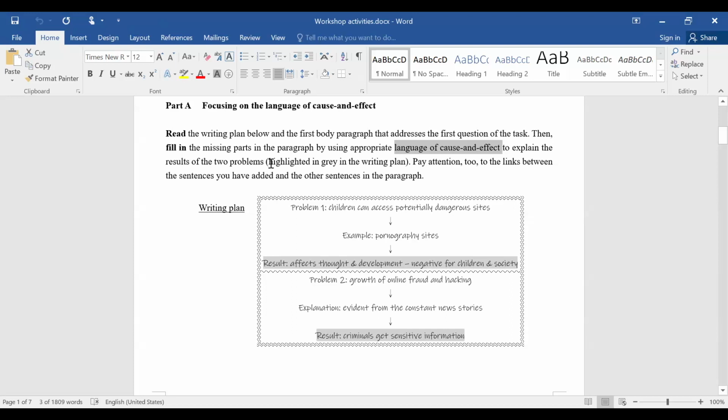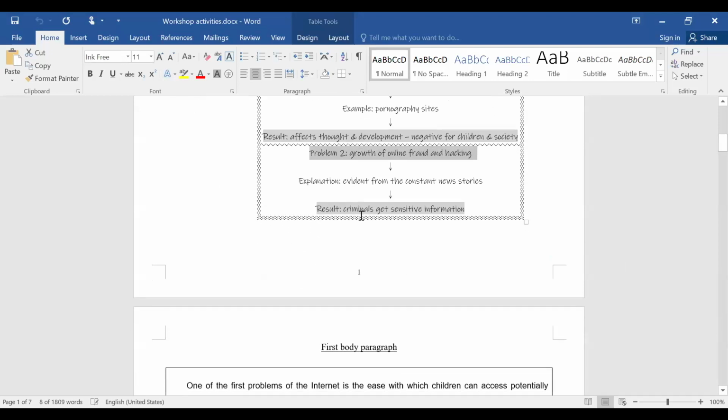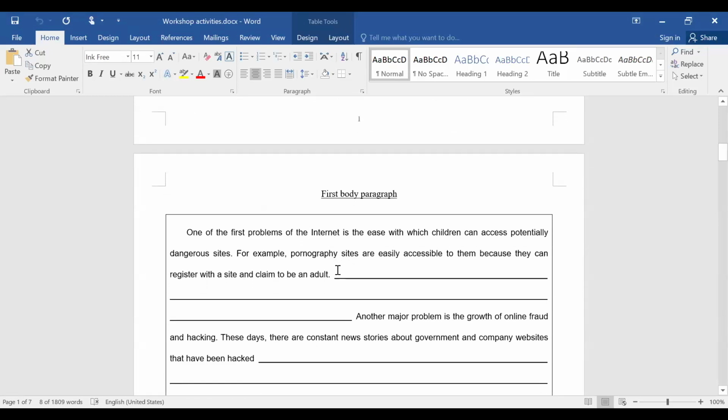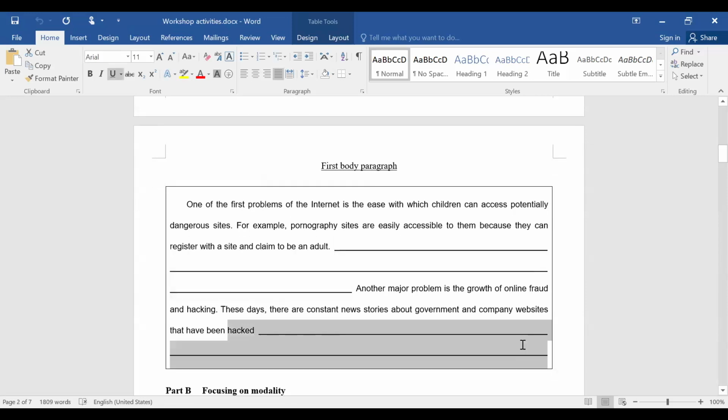I've already highlighted in gray in the writing plan that you can see. Okay. So these are the two results of these two problems. So simply speaking, in your paragraph here, you can see two gaps, right? Two gaps.